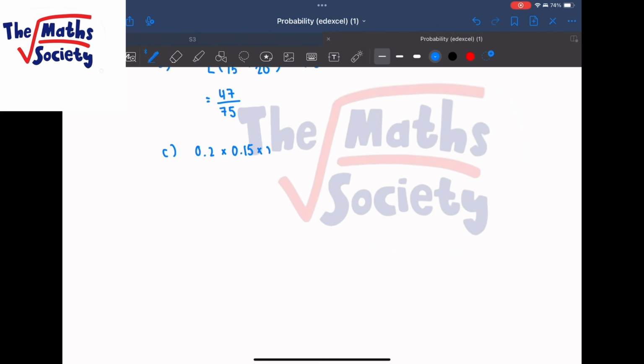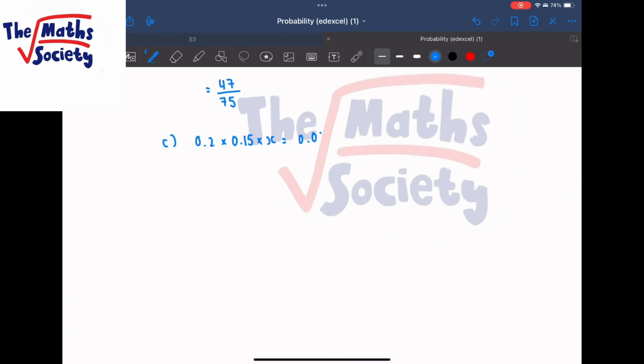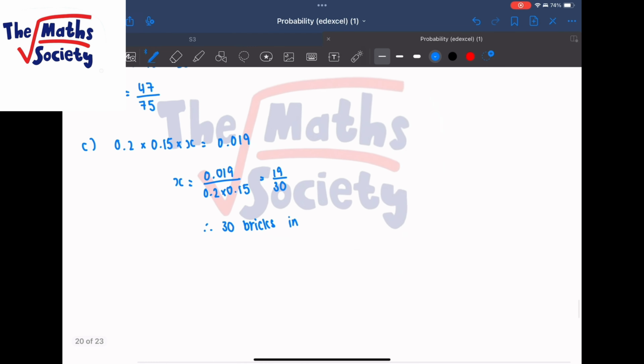Multiply x, that equals 19 by 1000, so that's 0.019. X equals 0.019 divided by 0.2 multiply 0.15. So that is 19 by 30. And therefore, 30 bricks in, do you call it box C? Yep, box C. And that should be our answer.